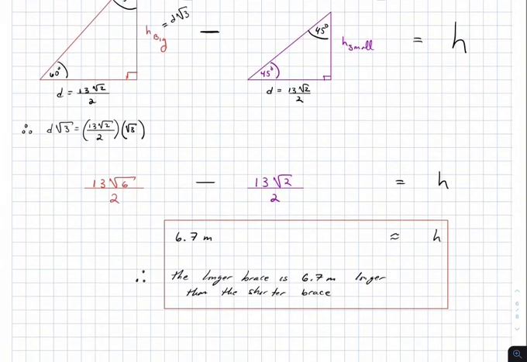So, all I did was literally put that into the calculator, achieved my goal, and found out that the change is actually 6.7 meters, or that height difference is 6.7. So then, remember, you want to clarify this with some kind of statement. The longer brace is 6.7 meters longer than the shorter brace. Very simple, very basic, don't have to go into a lot of words, okay?